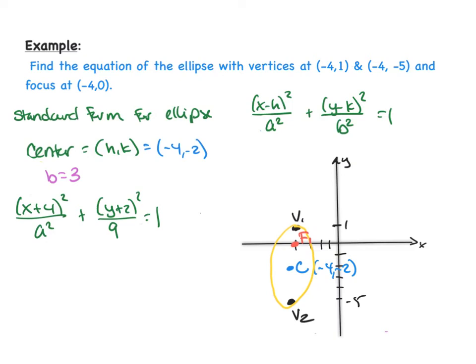Now I just need to find a. Now the only piece of information I haven't used yet is that the focus point, one of our foci, is at -4, 0. So this point I have here in red is at, one of them is at -4, 0. Now remember, we have this formula for finding the distance from the focus to a vertex. I'm sorry, from the focus to a center point.